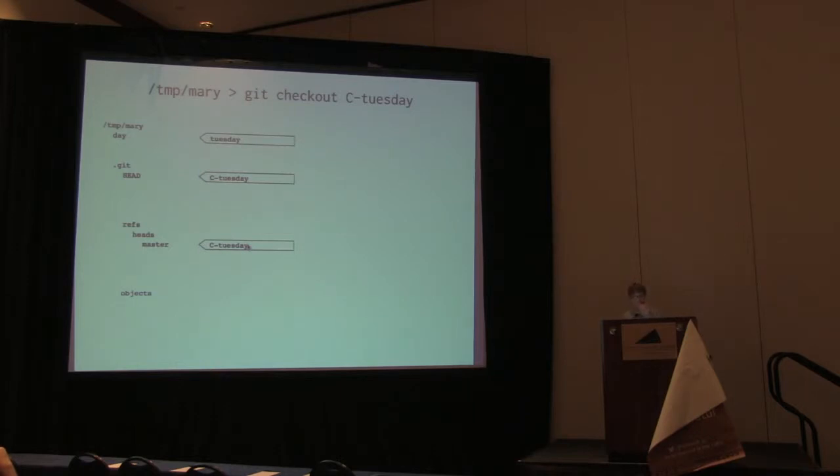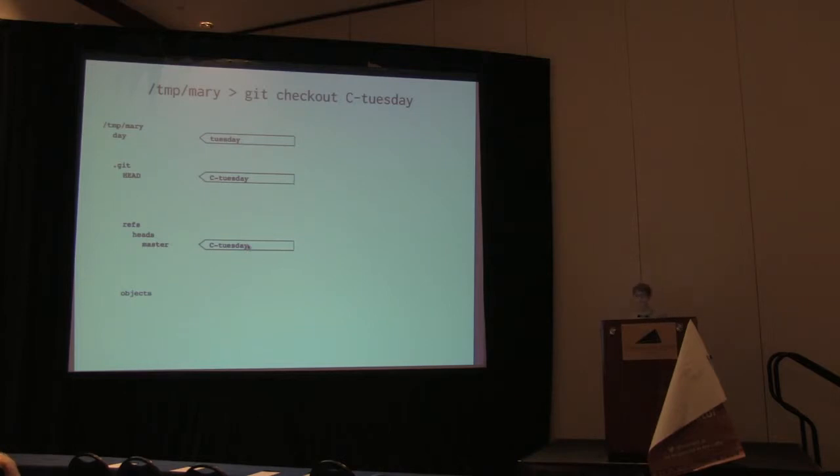Well, I've just decided to check out a commit, and we'll talk about the ramifications of that in a second. But this is also double weird, because we had master checked out, right? Which means that master was pointed at C Tuesday, so we're actually checking out the same content, but in a different way, which is weird. So we were on master, which was pointing at C-Tuesday, but now we're just checking out C-Tuesday directly. What's the point of that?